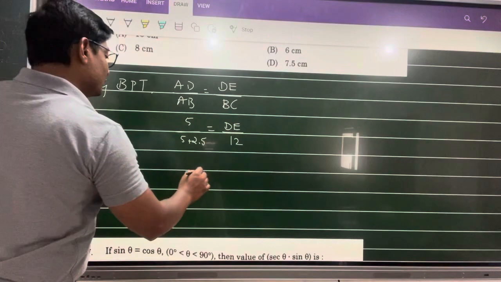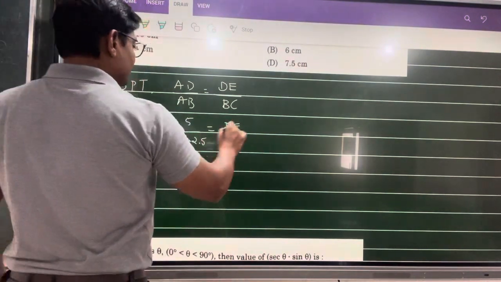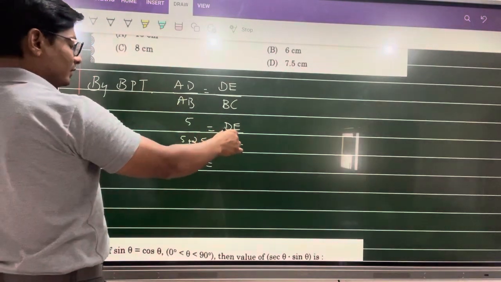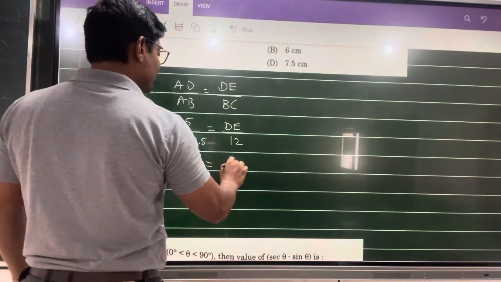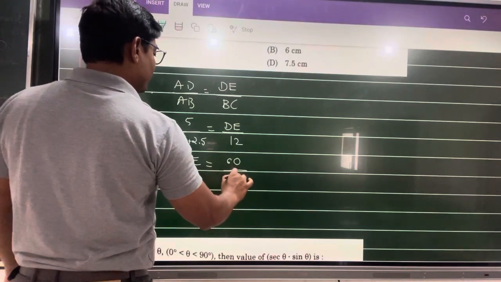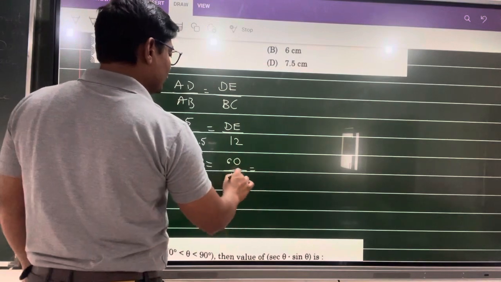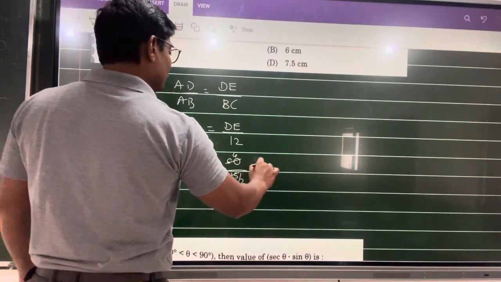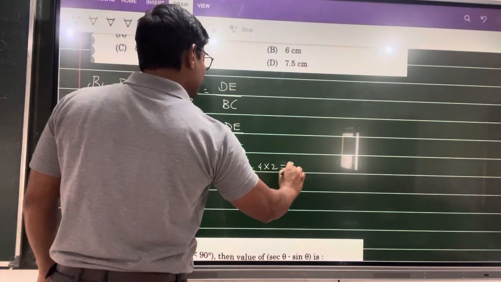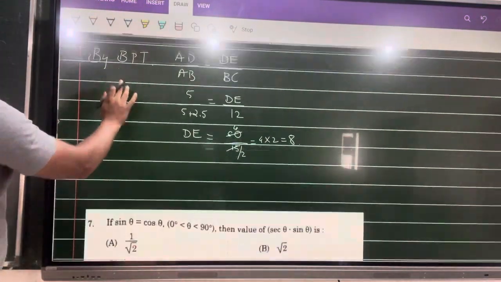So rearranging the terms, DE will be equal to 12 into 5 upon 7.5, so it becomes 60 upon 7.5. I can write 7.5 as 15 by 2. So 2 will go to the numerator and this will cancel out. This will finally be 4 into 2, which is 8. So option C is the correct option here.